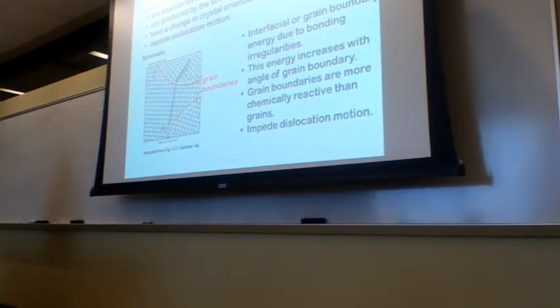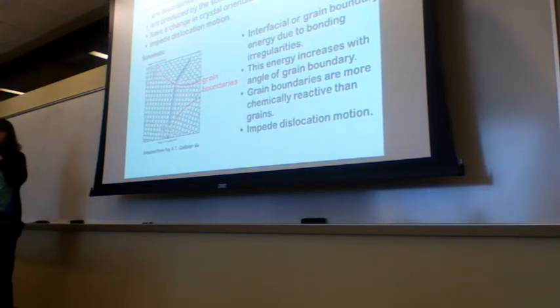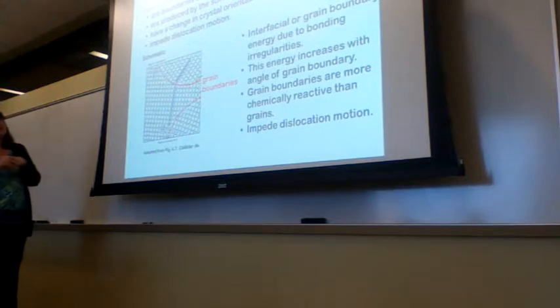Remember seeing when we precipitated the Prussian blue? You could see those crystals grow and run into each other. Well, that's going to produce a grain boundary if we zoom in close enough, because they grew at different rates in different orientations.